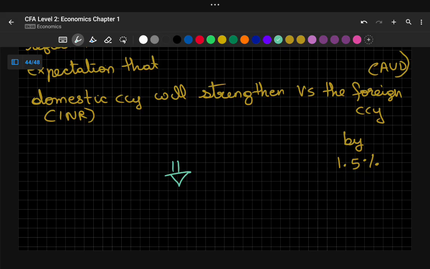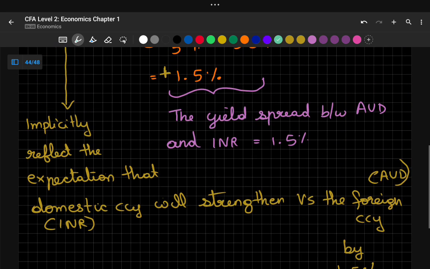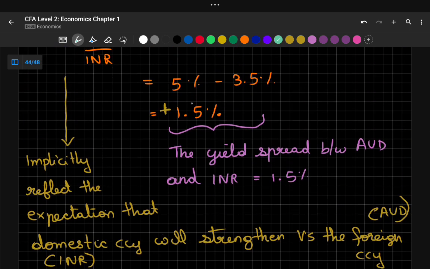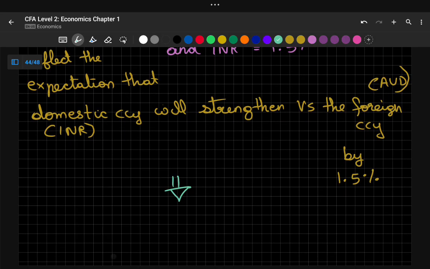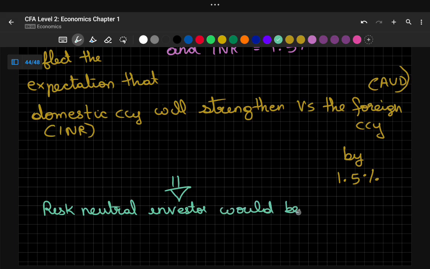It means that if over time the domestic currency INR strengthens by the same amount as the interest rate differential that AUD provides, a risk neutral investor would be indifferent to either of the investments.